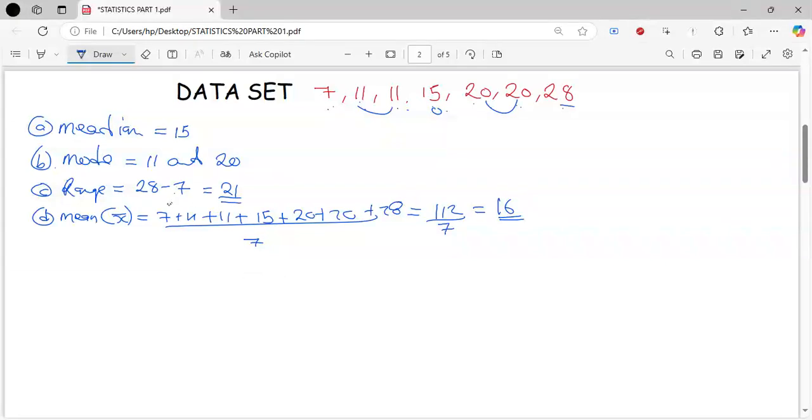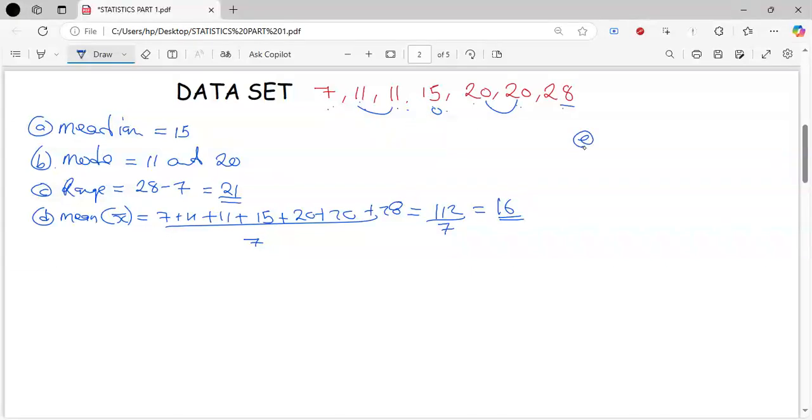The next thing is to find the variance. Before finding the variance, we need to arrange the data set as follows.